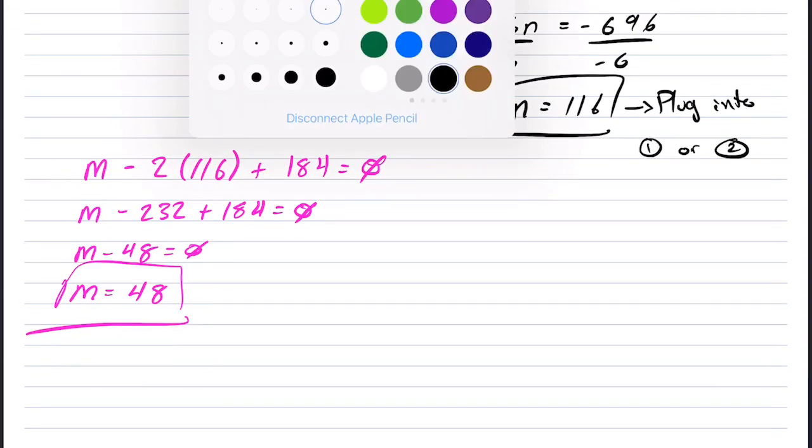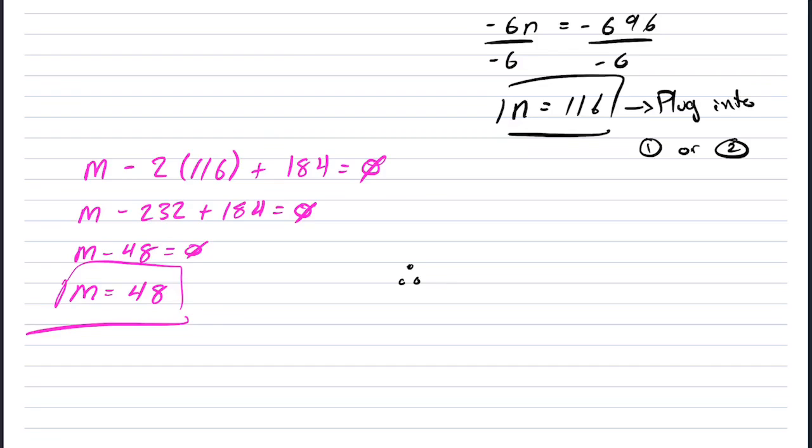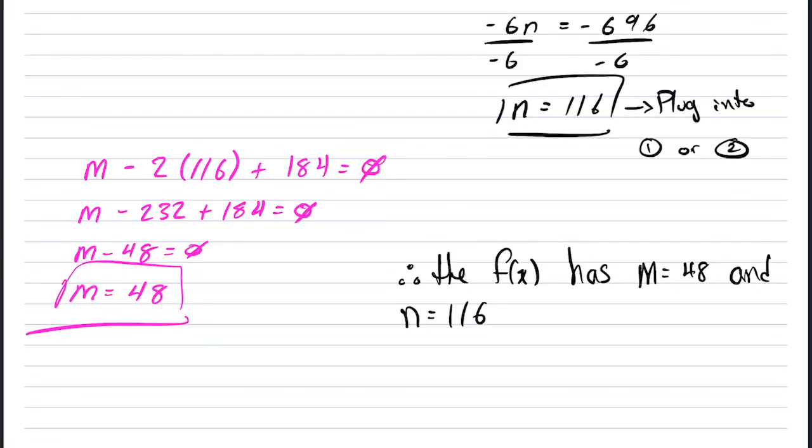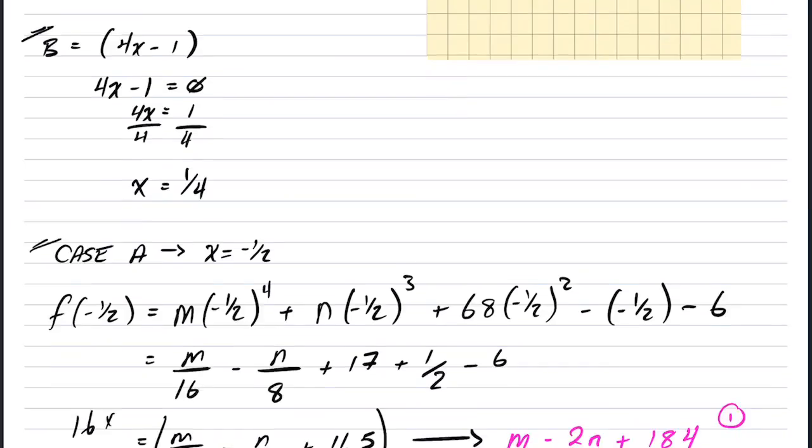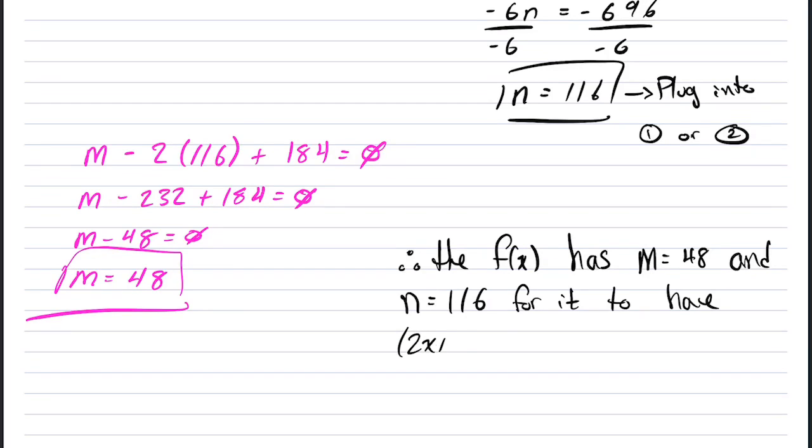You can finish it off with, therefore, the function has m equal 48 and n equal 116 for it to have 2x plus 1 and 4x minus 1 divisible with a remainder of 0.